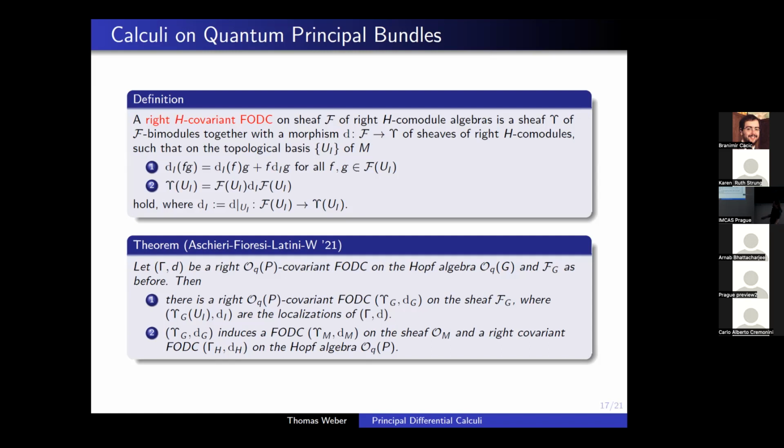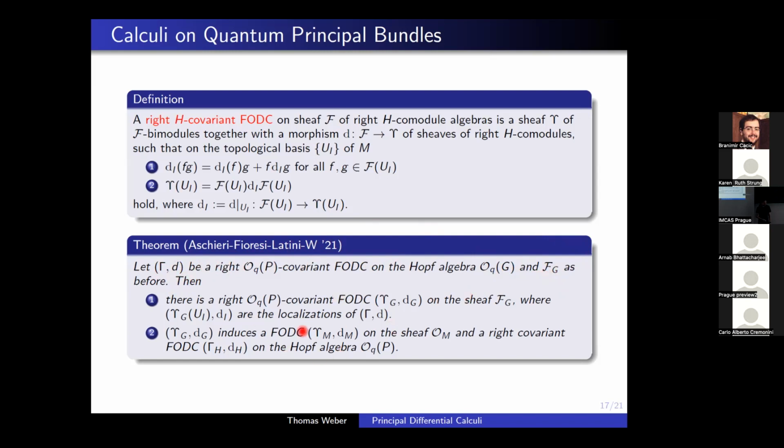And okay, we're proving the analog of the theorem that we had on the algebra level, also for first order differential calculi here. Meaning if we start with a covariant calculus globally, so let this here be a covariant calculus on the Hopf algebra O(QG), then by the previous theorem we have this sheaf F_G, and we proved that we can extend, so via OR, we can extend this calculus to a sheaf on F_G.